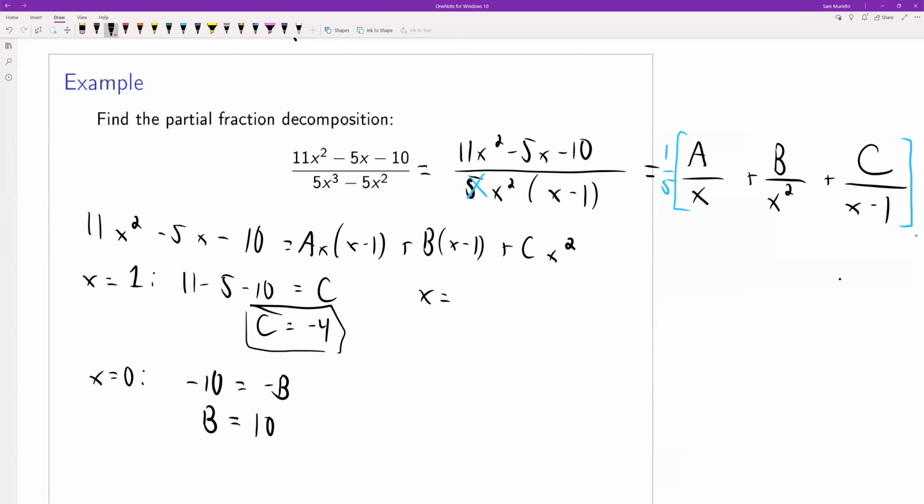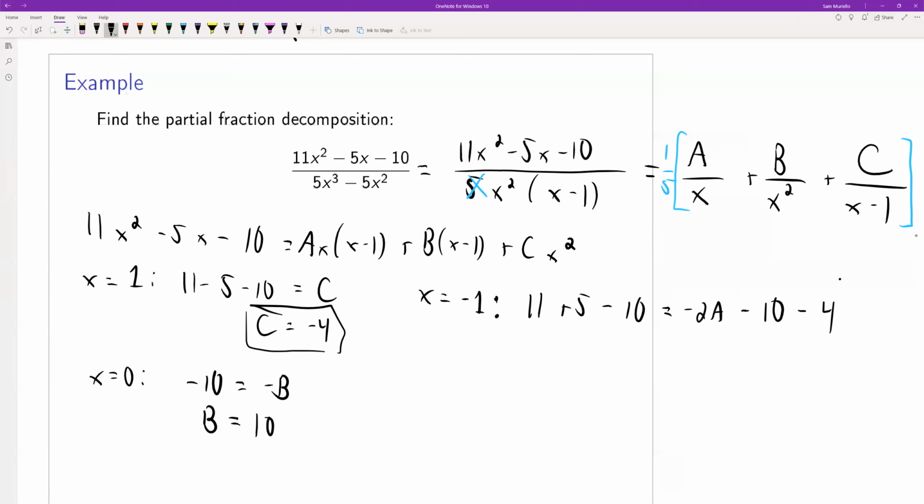Let's plug in negative 1 for x, because that will be the easiest to work with the x squared. So this will be 11 plus 5 minus 10 is equal to negative a times negative 2, so that will be negative 2a minus b, but b is 10, so we can put 10 in, and then plus negative 4c, so minus 4.